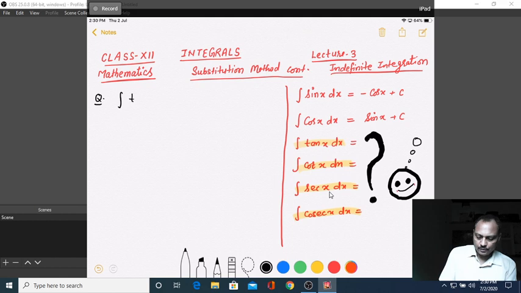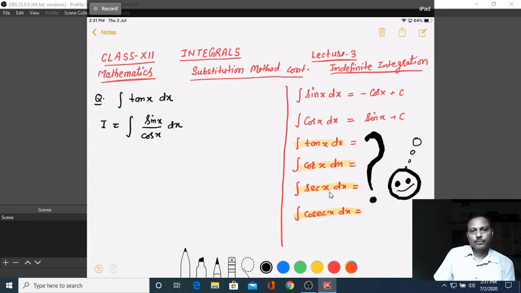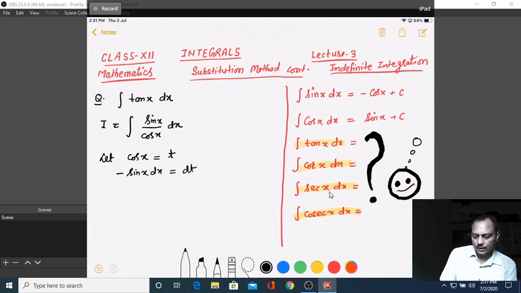Integration of tan x. So we can write tan x as sin x divided by cos x, and if we take cos x as t, then the derivative of cos x is minus sin x dx, which equals dt.